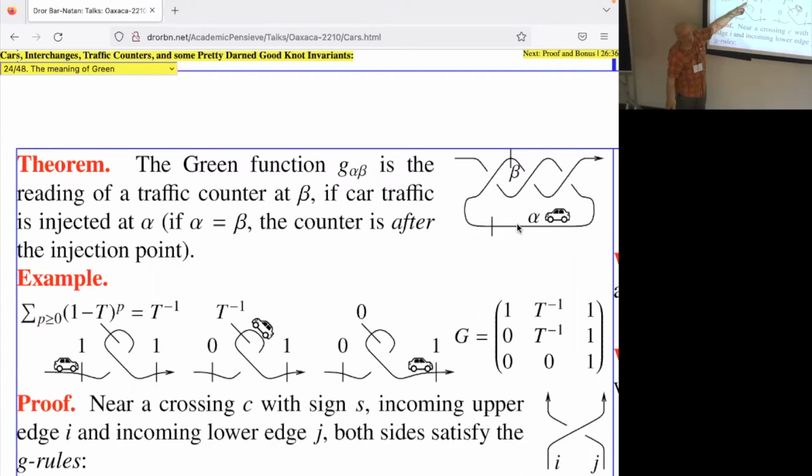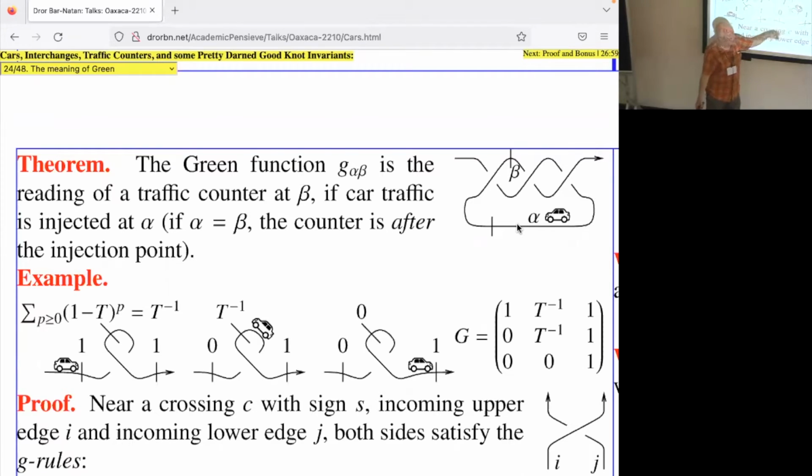This is a geometric series, and the sum is t inverse. Now suppose I inject the car here. If I place the counter here, it will just measure 1, because all cars eventually come out.